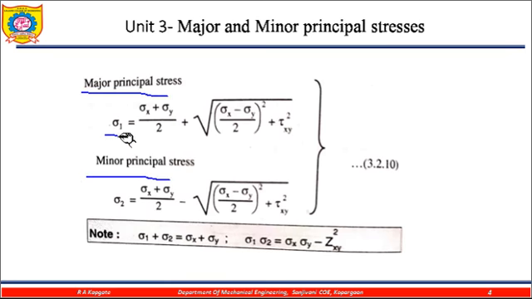That is sigma 1 is equal to sigma x plus sigma y upon 2 plus under root of sigma x minus sigma y whole square upon 2 plus tau xy whole square. So these are the formulas I am deriving. Now this is not too important from the examination point of view, but we just refresh our knowledge of SOM.